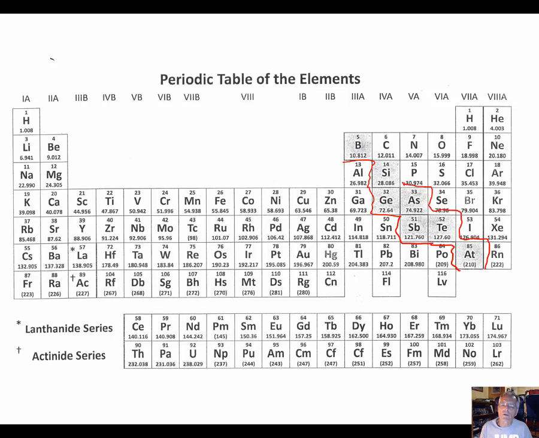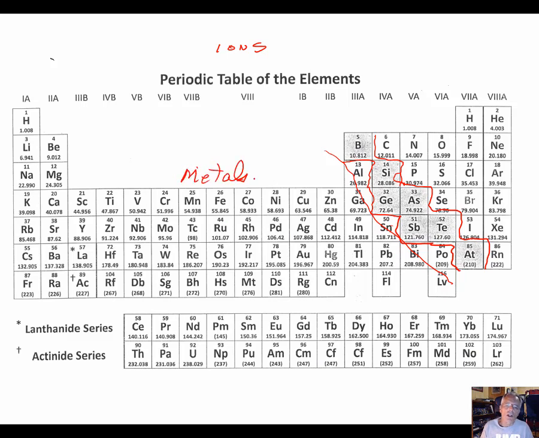We're going to go into this in a little bit more detail, but just for the sake of forming ions, I'm going to emphasize something, all right? Everything on this side of this line, aluminum, gallium, tin, bismuth, polonium, all these guys over here and these guys down here, these are all what we call metals.